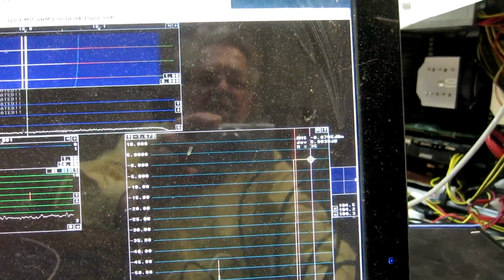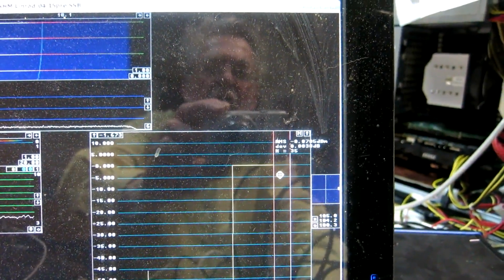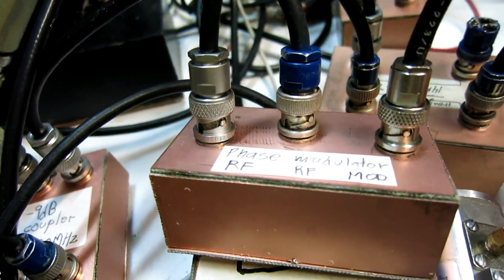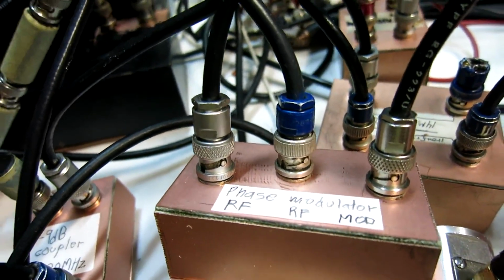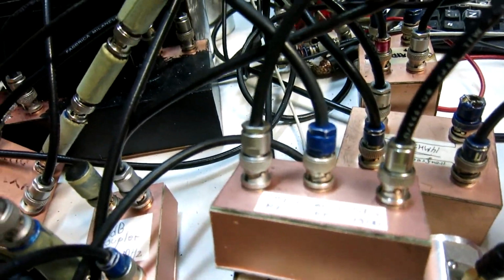And the carrier is here, and it comes at minus 0.07. That is probably because I inserted this modulator, which has a loss of 1/10 of a dB or something. I will not worry about that. I don't need that very high accuracy.